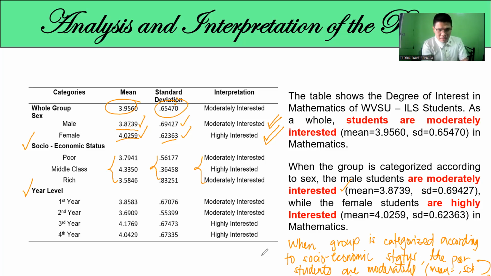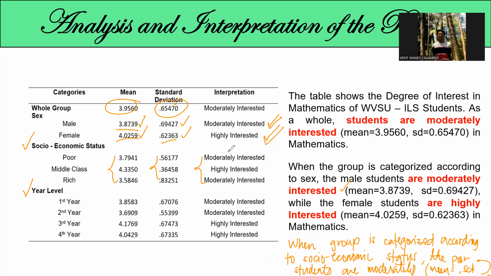So after the interpretation for the mean, there will always be a research. It should be cited, a research that may support or may contradict your results. So that's it for comparing the means.